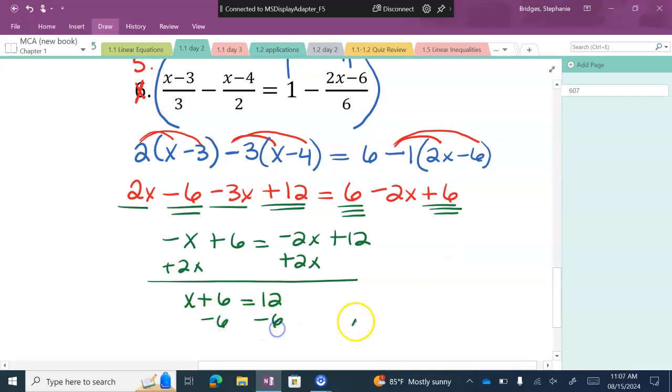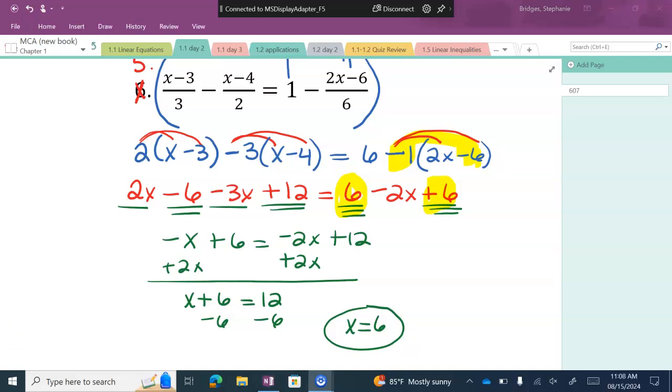What'd you guys get? I got positive 6. Did you make sure up here in this part that you distributed that negative and that made that a positive 6, which would then make that a positive 6 and is a 12? Is everybody okay with 6? Kind of understand? I'll come look at your paper in a second.